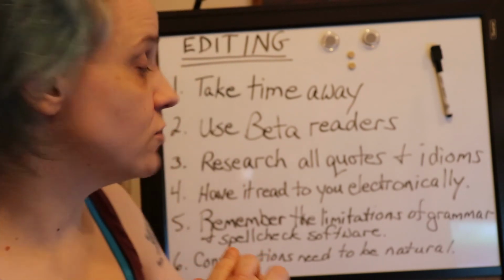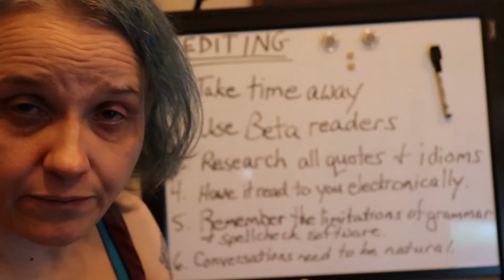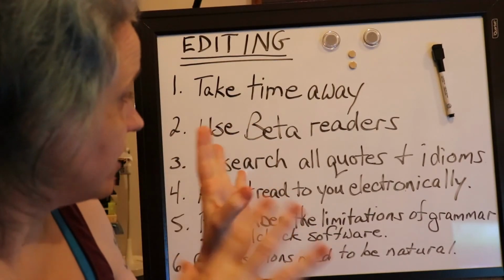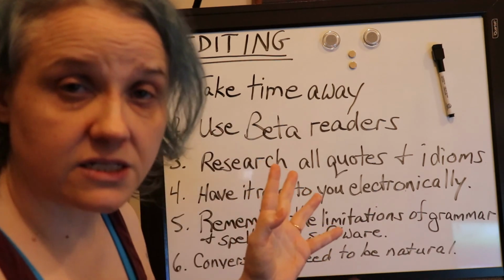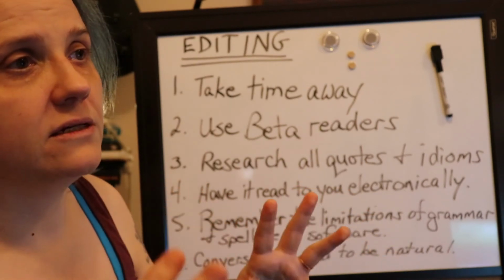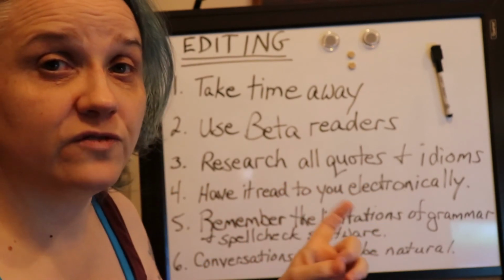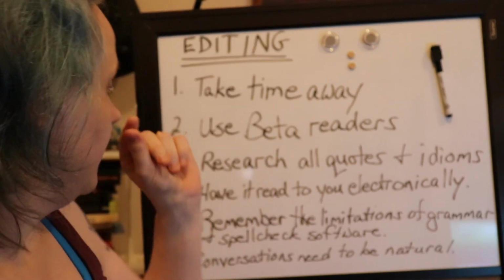Okay, so I think that about covers it. Take time away so you've got a fresh perspective. Use beta readers because they'll probably catch things that you miss, especially since you've read it a billion times and you forget what you've taken out and put in sometimes. Yeah. Okay.